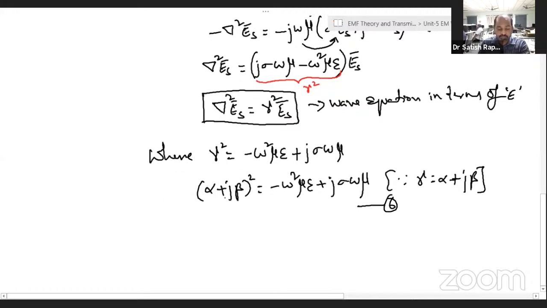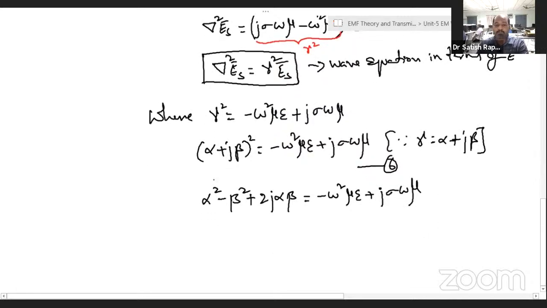And this is an a plus b whole square form: a square plus b square, and j beta square, so j square is minus 1. Therefore, minus beta square plus 2j alpha beta is equal to minus omega square mu epsilon plus j sigma omega mu.